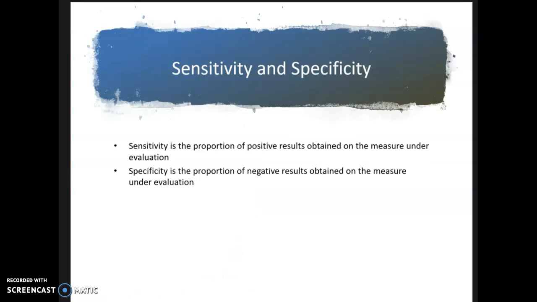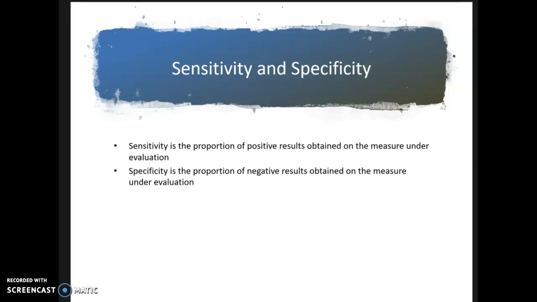So when we're looking at both reliability and validity, another level is bringing in sensitivity and specificity. So sensitivity is the proportion of positive results obtained on a measure under the evaluation. So sensitivity focuses on that you're getting those positive results when there is a positive diagnosis or experience.